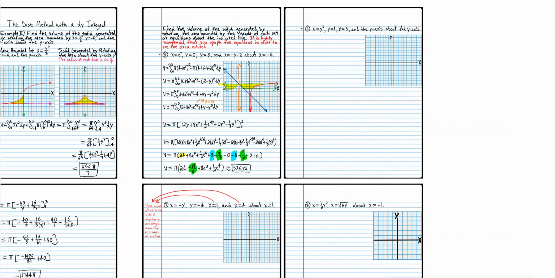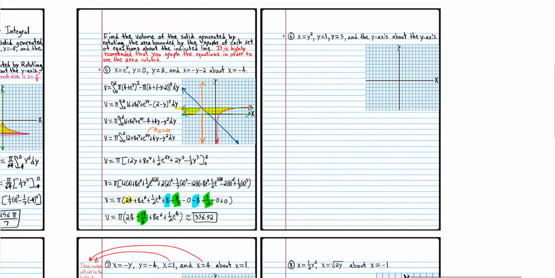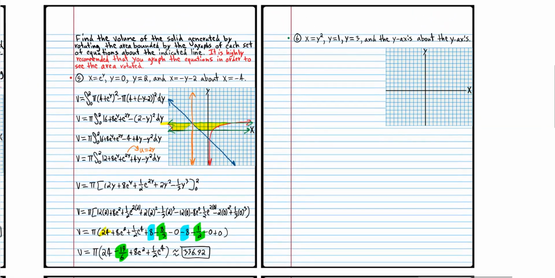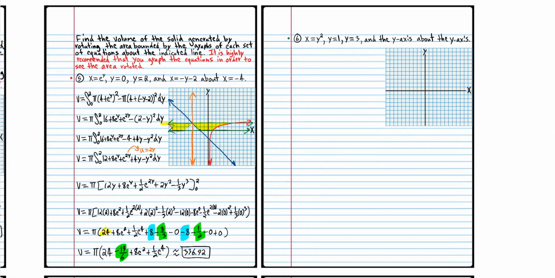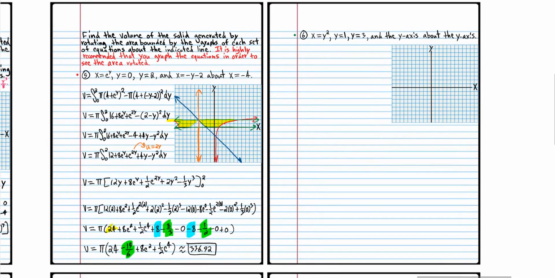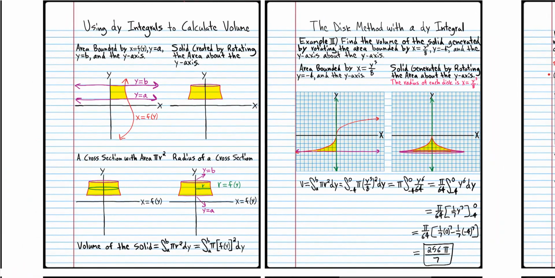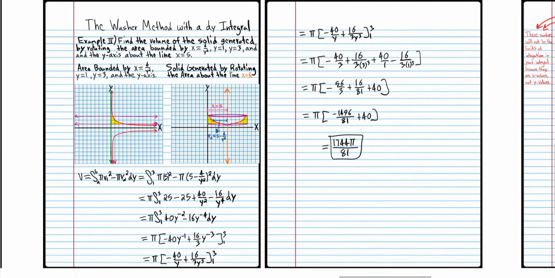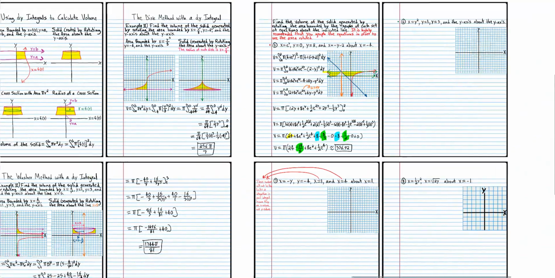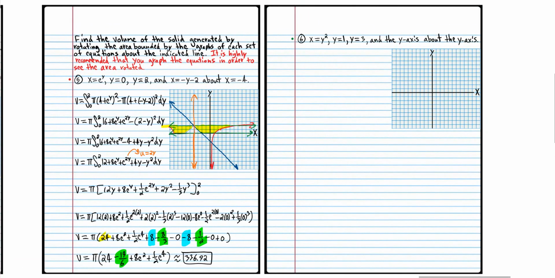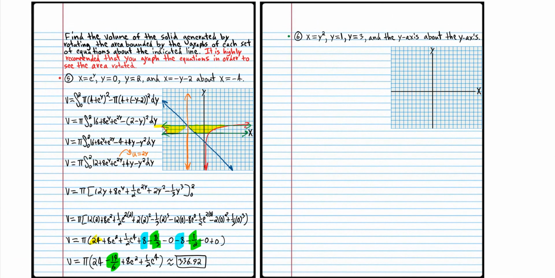So there's just one more example of a dy integral. So I want you to try number 6, but before you do that, I want you to get a picture of these problems here, or this one problem, and then this next problem here. And I'm going to leave number 5 in the window, and I want you to try number 6.